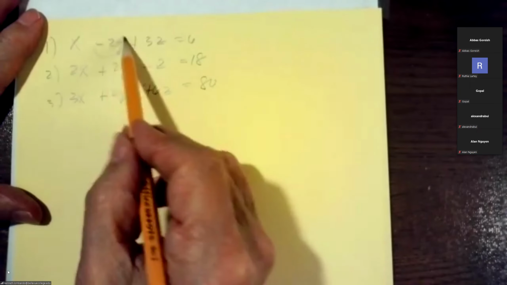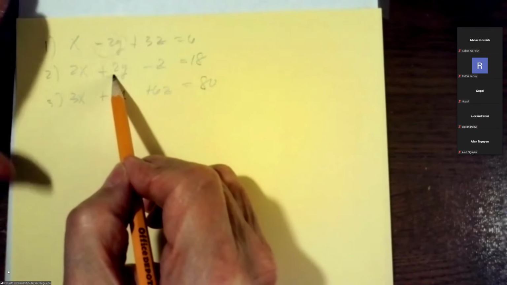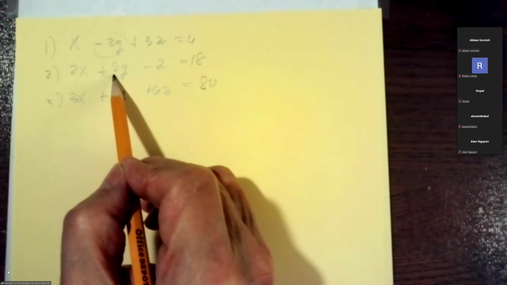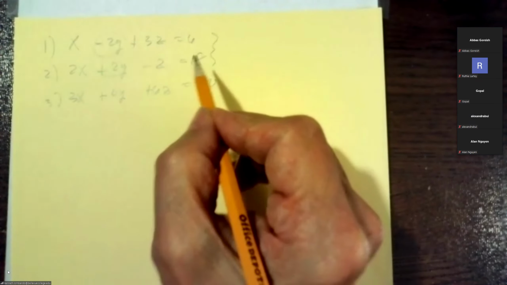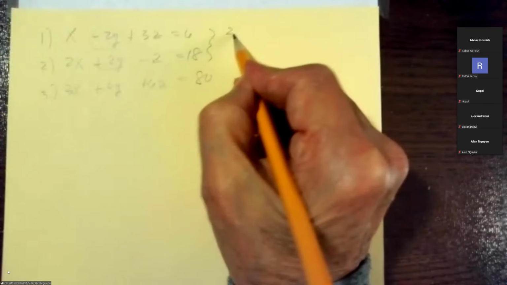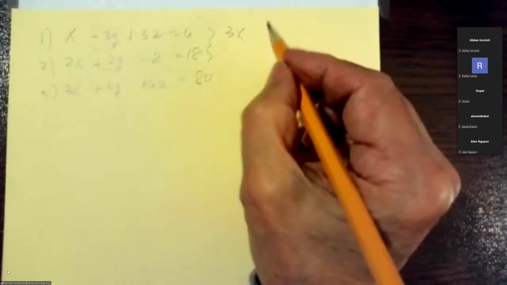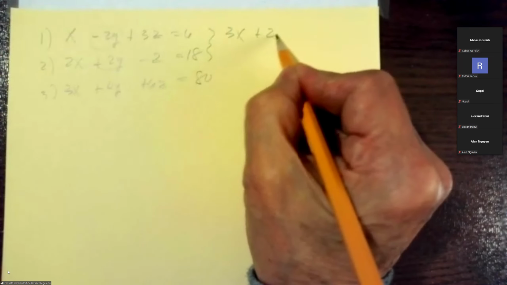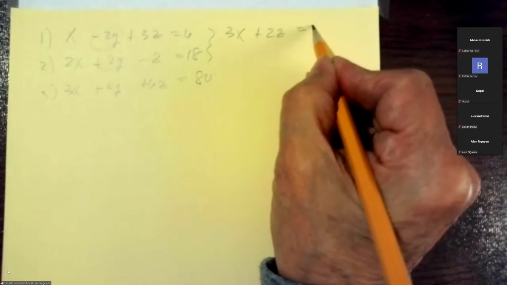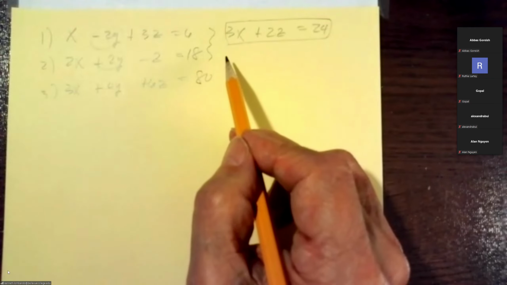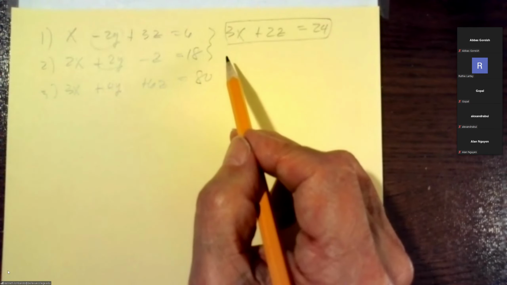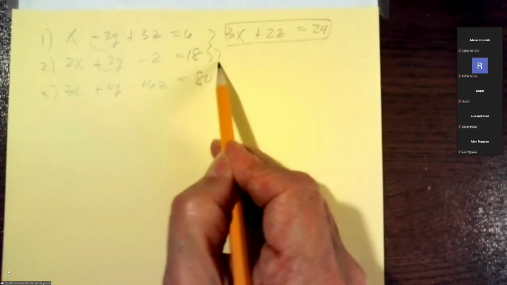Well, it looks like we have a plus 2 and a minus 2 situation here. So if we combine these first two, we'll get 3x, and the y's will go away, and 2z equals 24. All right. And now we want to see what we can do to the second two here.